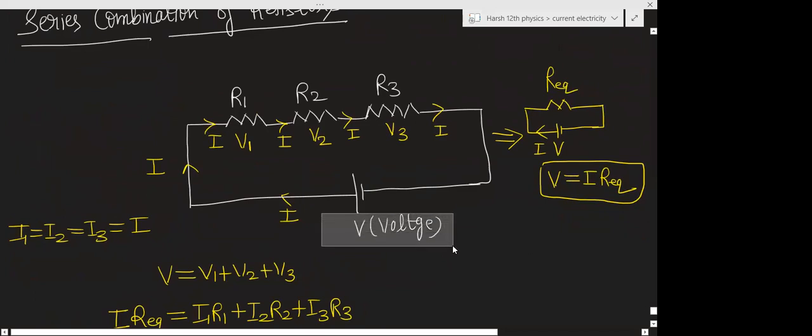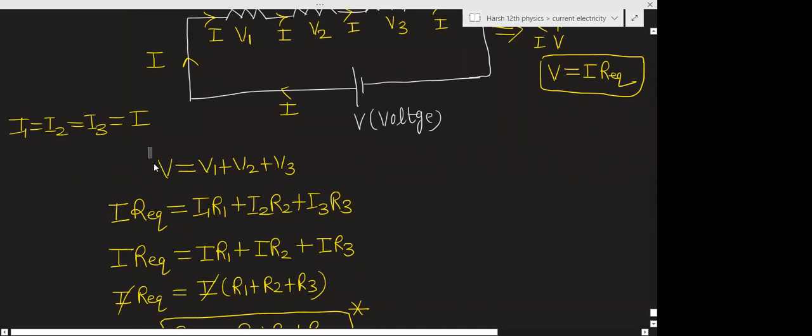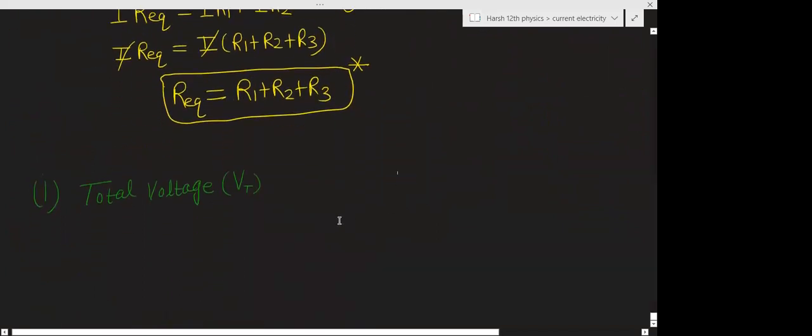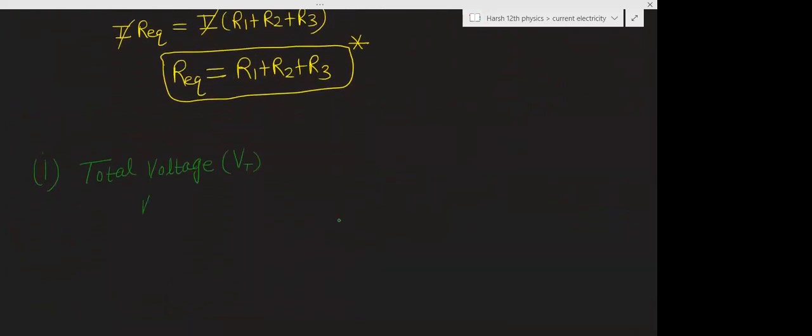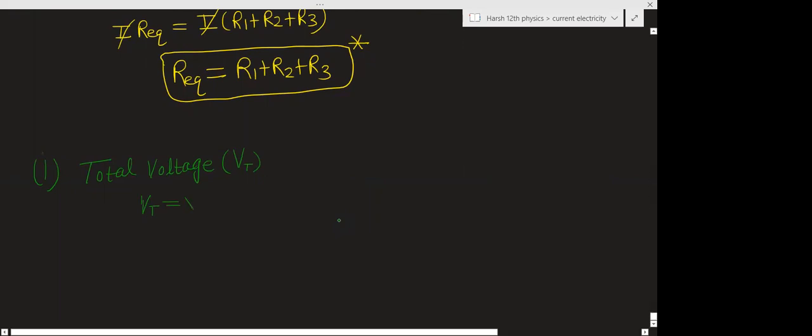Sir, it's V, right? Yes, it's V1 plus V2 plus V3, but that is all equal to V. So you can say either V1 plus V2 plus V3, or you can say total voltage is equal to V.